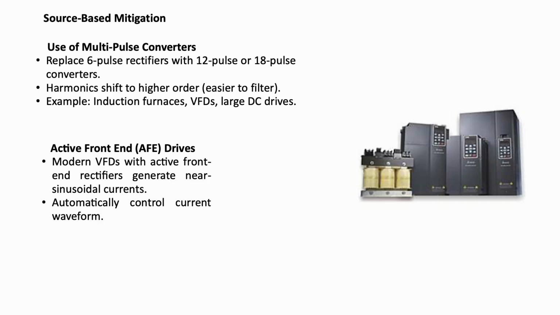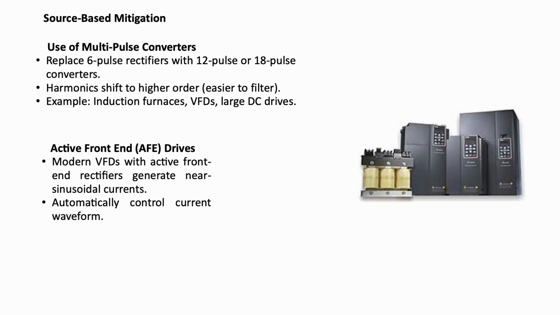Let's quickly summarize the entire concept of harmonic mitigation. So first is path-based filtration, which removes harmonics after they are generated using filters. Second is source-based mitigation, which reduces harmonics at the point of generation by using improved converter or drive designs. Passive filtration is cost-effective but static.